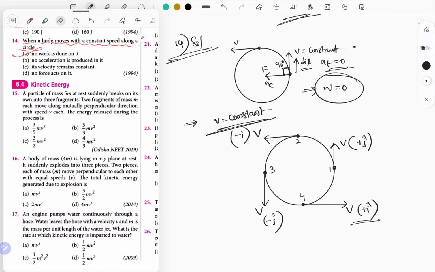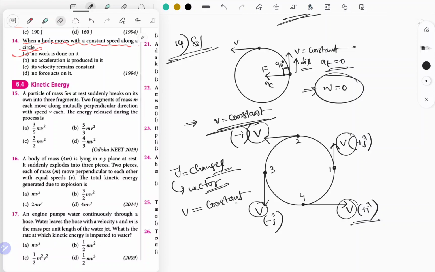Definitely velocity changes, but the magnitude of velocity remains constant. That's why its velocity changes, but speed remains constant. That's the meaning of that. At different positions it has different directions. That's why velocity changes, because velocity is a vector quantity, whereas speed is constant because it is a scalar quantity.